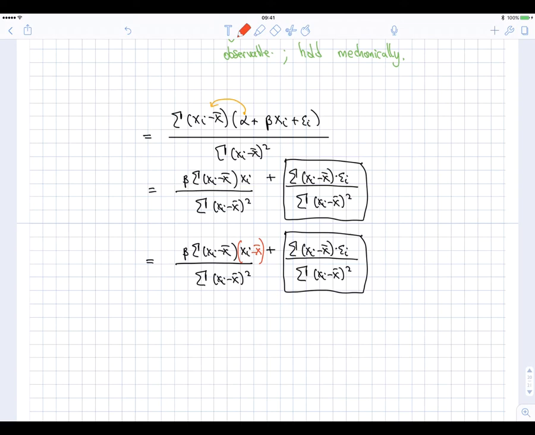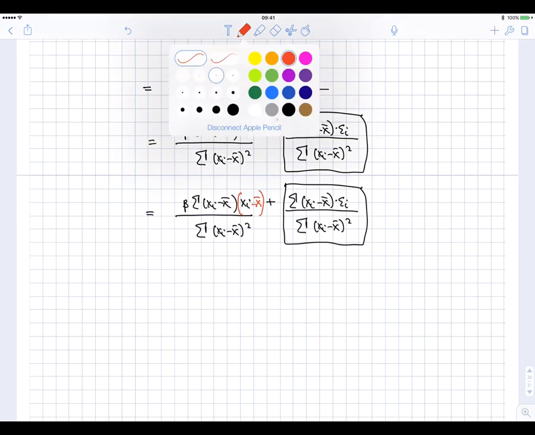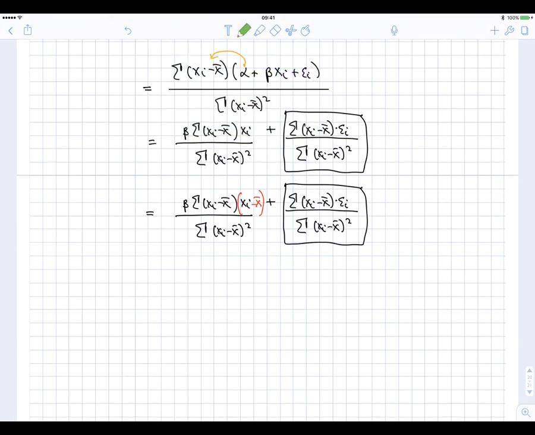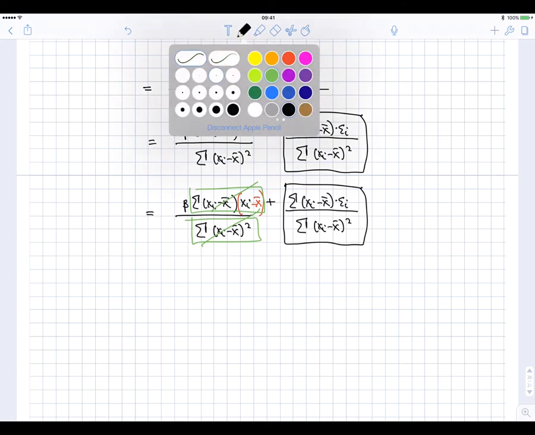Of course I can, because x bar times that summation will just be a 0. It's the reverse of it. Then it's very obvious that this bit here is exactly the same as this. So this can cancel out, and you're left with beta.